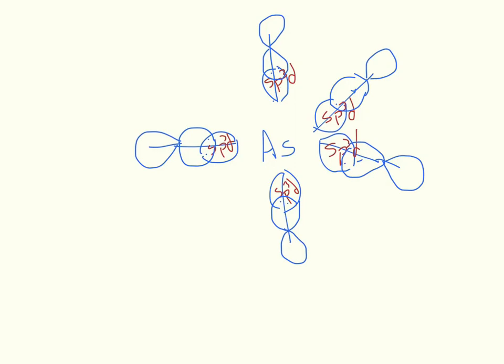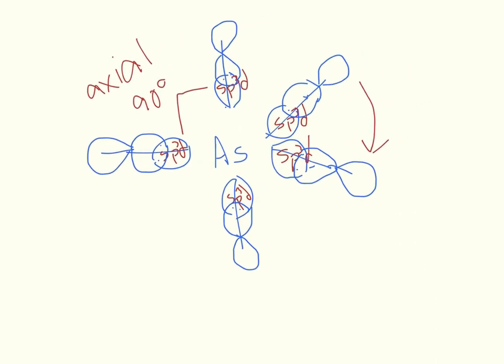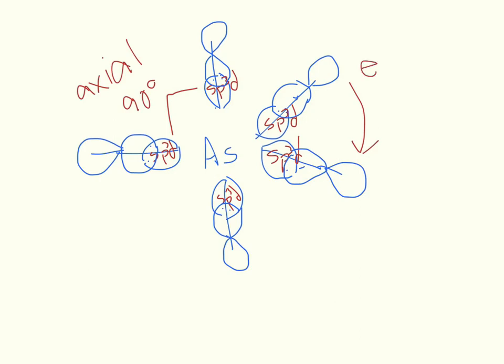Now we're going to label the angles. This one is 90 degrees, which is axial, then 90 degrees. And then this one is the equatorial, which is 120 degrees.